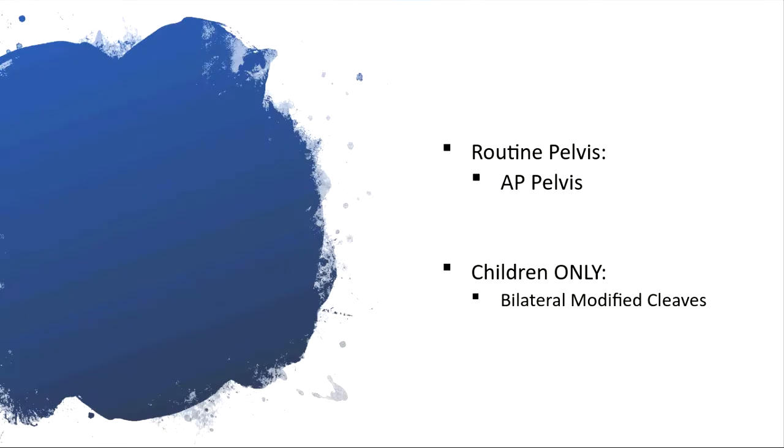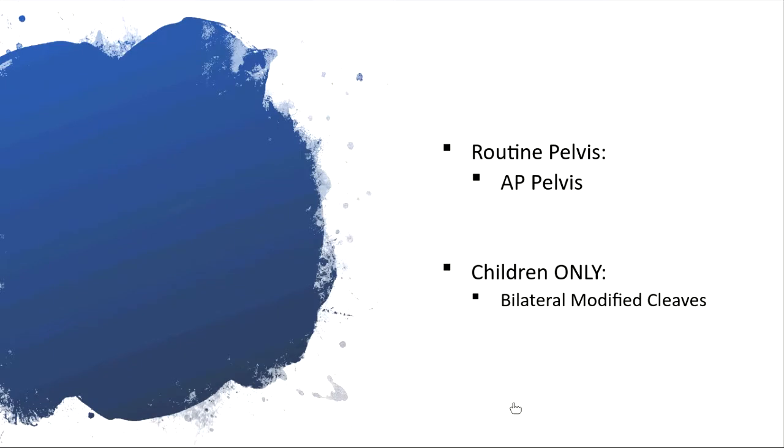Okay. Remember, we talked about shielding, that it is possible to shield a male patient, but typically we do not shield a female patient. So if we start with looking at the pelvis, the routine position for a pelvis is typically just an AP pelvis. And this is going to be found on page 279. All right.